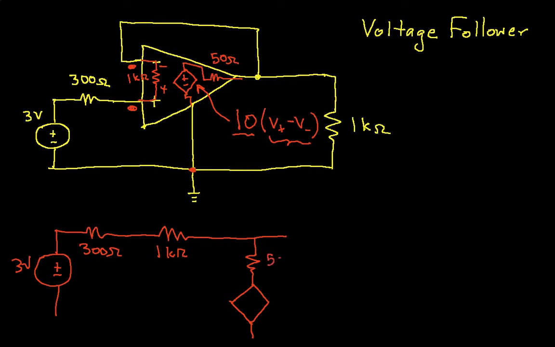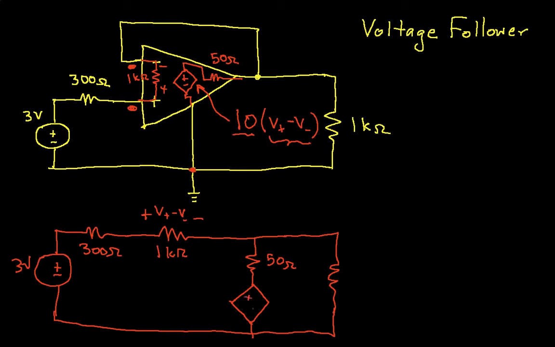So this is 50 ohms, and this is 1 k ohms. And then we have plus or minus. This is again V plus minus V minus.